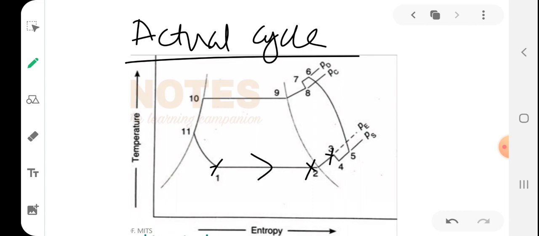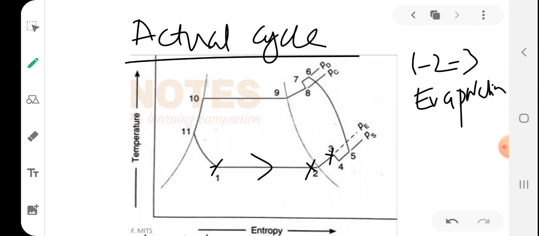So 1 to 2 to 3 is complete evaporation, or refrigeration taking place. Point 1 represents entry and point 2 represents exit of refrigerant from the evaporator, and also the entry of refrigerant into the compressor in a superheated state. So that is what we have told earlier.